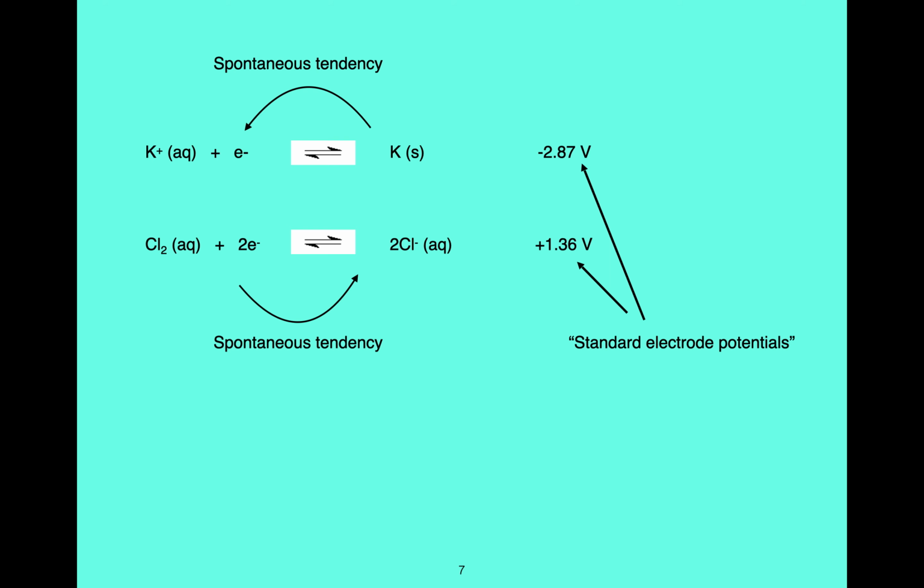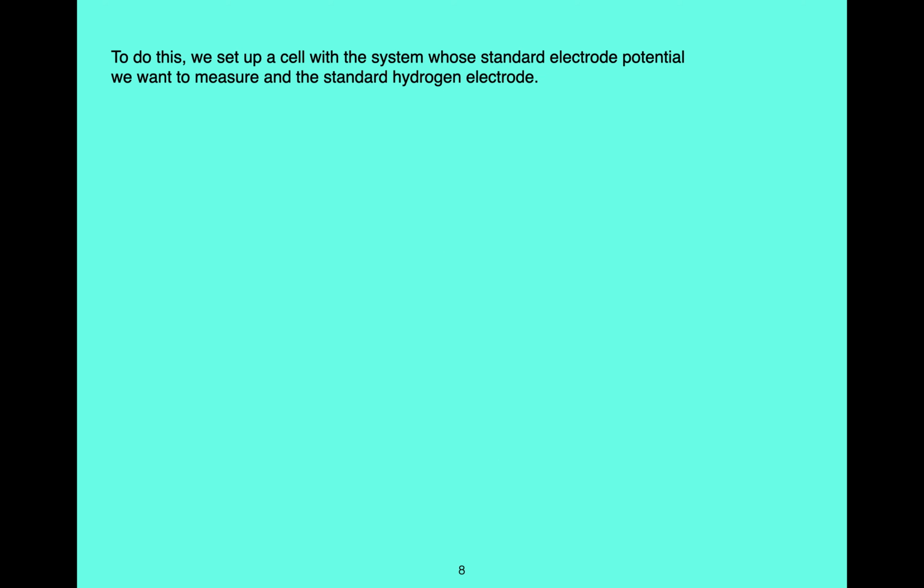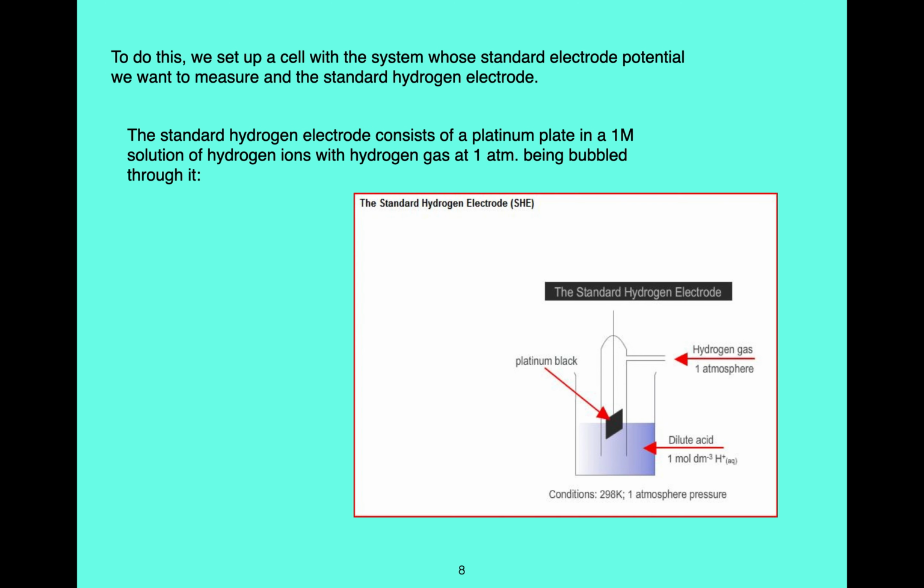These are called the standard electrode potentials, and they're measured by placing them in a cell, a system, with the standard hydrogen electrode. So you set up a system where the standard hydrogen electrode is the left-hand half cell. This is called a half cell, and it consists of a platinum plate.